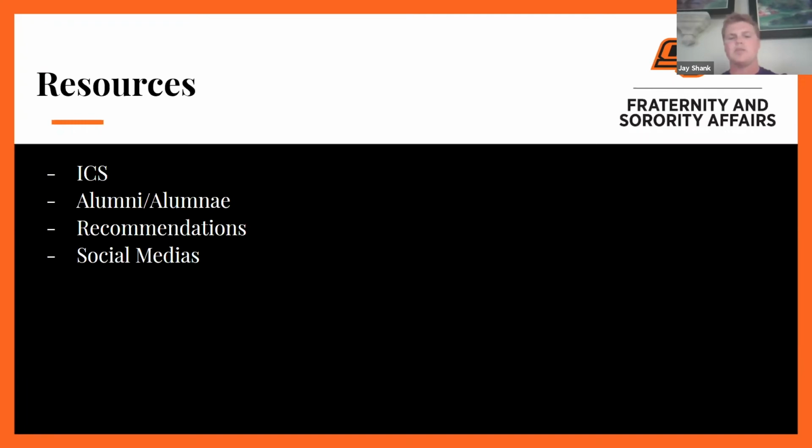That lets chapters see their information and then helps them in the selection process of who they want. And if your council maybe doesn't use ICS, maybe a Google form would be a good way to get that contact information. So when you're sharing the word about it, you can just say, yeah, go register for recruitment. It's on our website, go fill out the Google form, and then your contact information will be dispersed to all of the chapters that are actively recruiting.